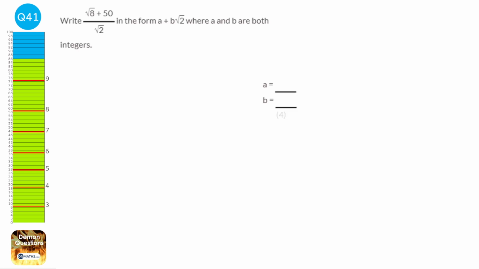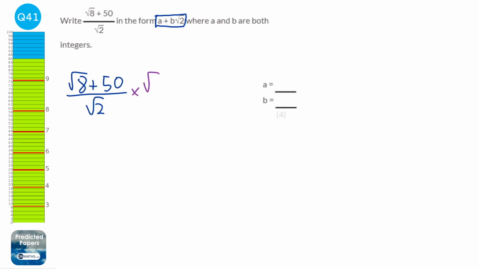So we need to start here by rationalising the denominator, because notice that the answer it wants is not in a fraction. So we're going to write out the question, which would be root 8 plus 50 over root 2. And we're going to times top and bottom by the surd at the bottom, which would be root 2.